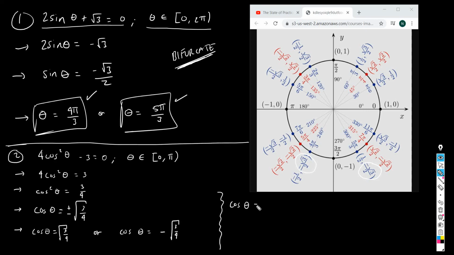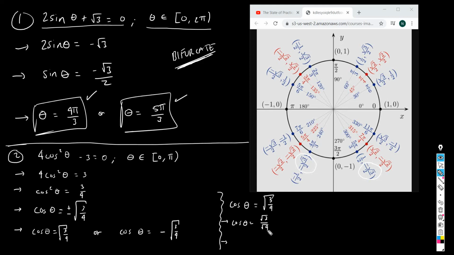So cosine of theta equals the square root of 3 over 4. Now if you remember, when you take the square root of a fraction, that is the same as taking the square root of both the numerator and the denominator independently. So how can I simplify this?